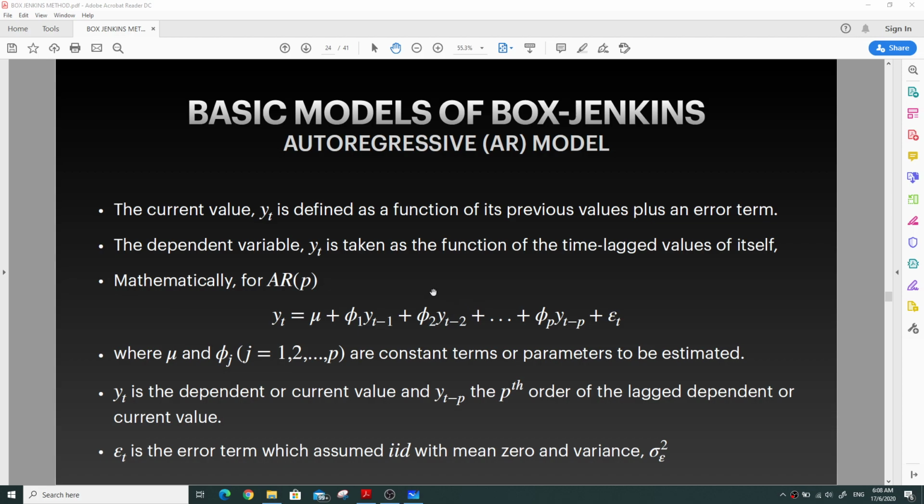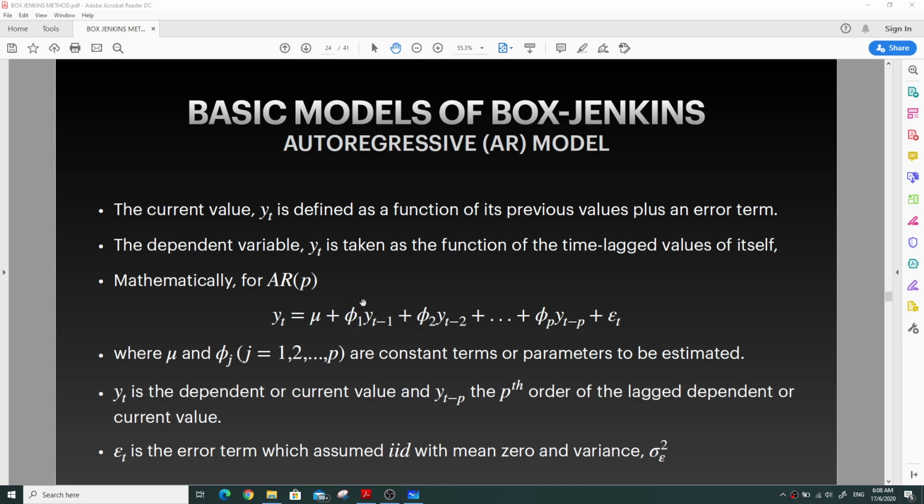Because of this specification, we need to determine the simplest model to represent as an AR model, because we can add as many lags as possible. So here is the autoregressive model.